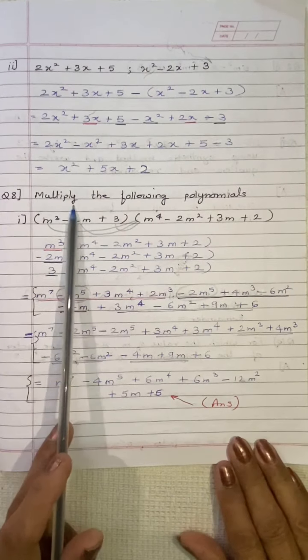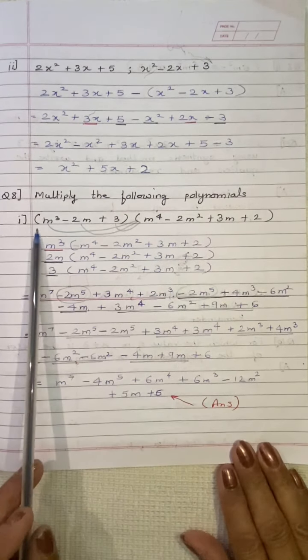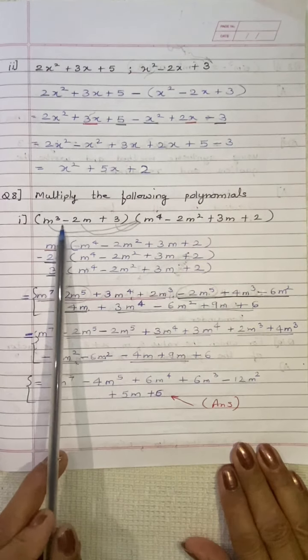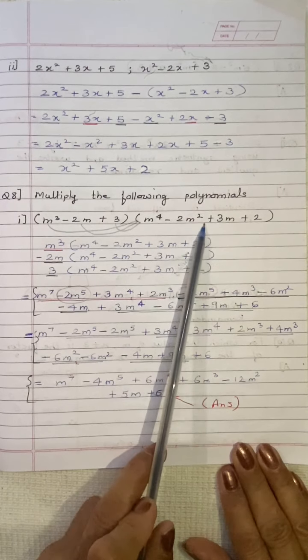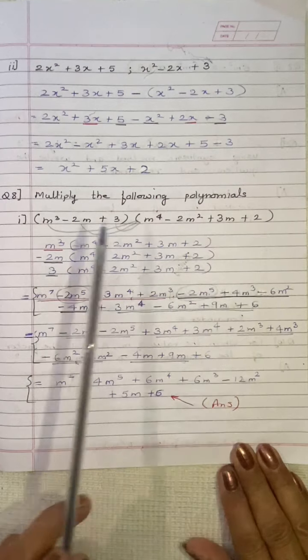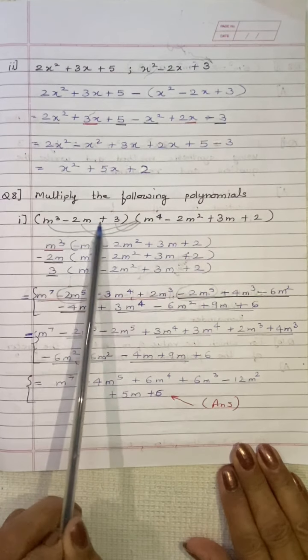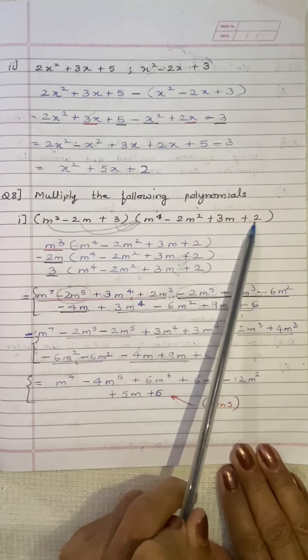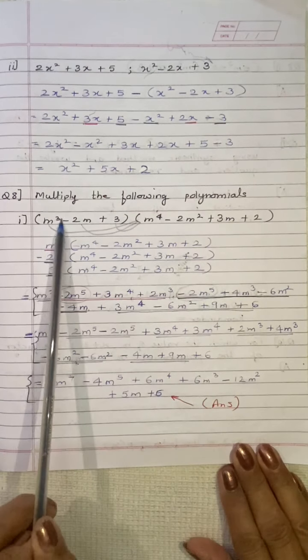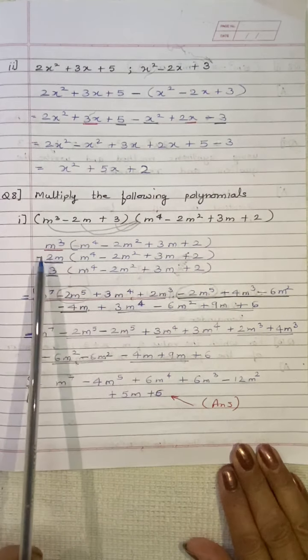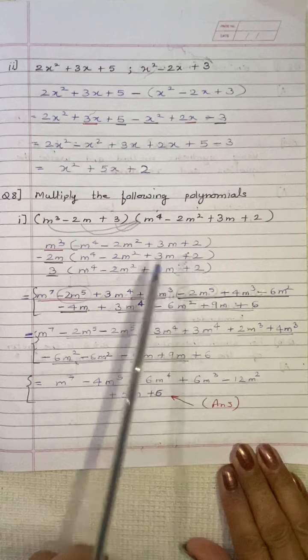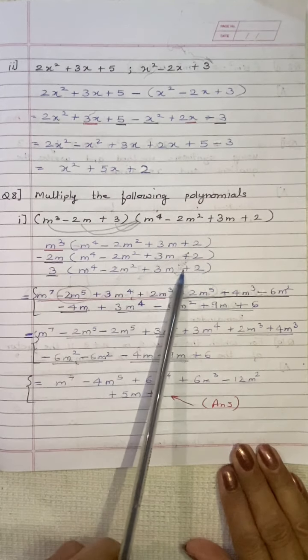Question number 8, multiply the following polynomials. m cube minus 2m plus 3 and m raised to 4, 2m square plus 3m into 2. Now these are three terms, each term we have to multiply with this second polynomial: m cube multiplied by the second polynomial, minus 2m multiplied by the second polynomial, and 3 multiplied by the second polynomial.